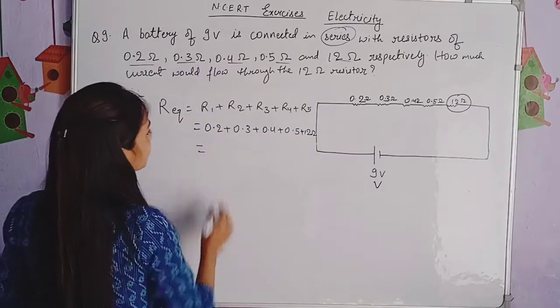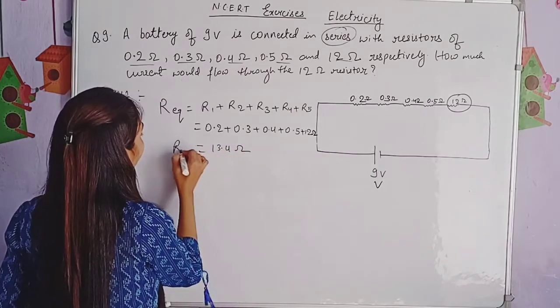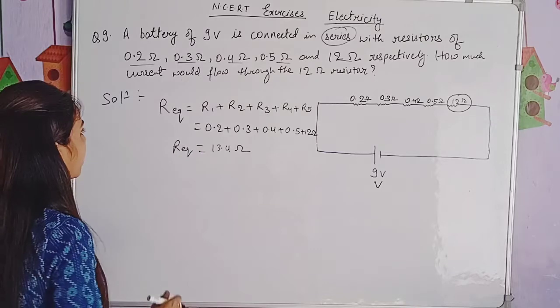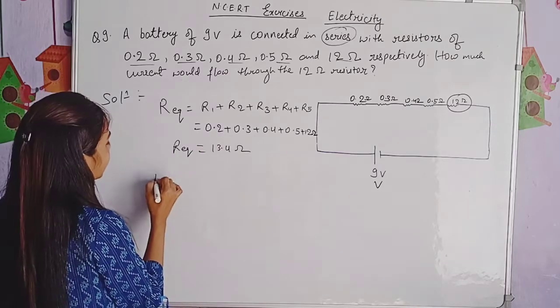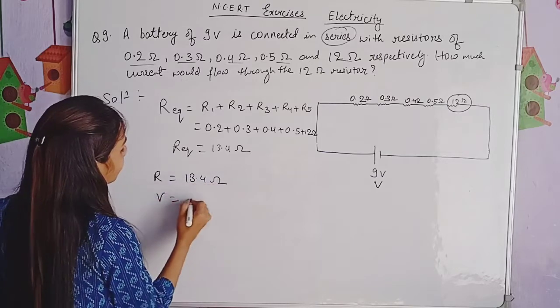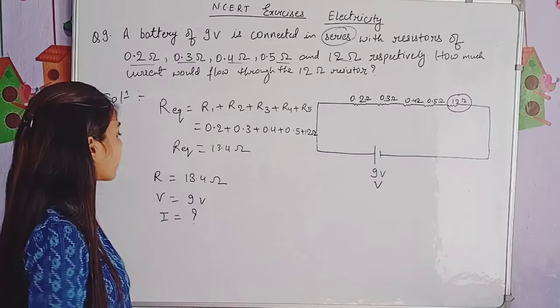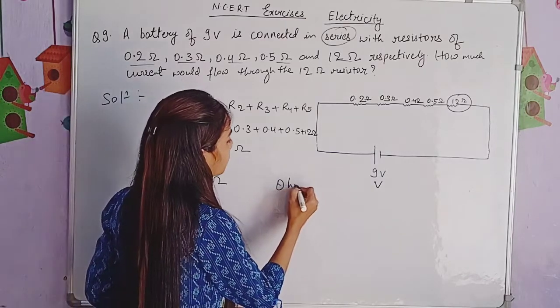Sum up, this will lead to 13.4 ohm. This is the R equivalent in series. Okay. Now we have resistance equal to 13.4. V is given 9 volt. Can we calculate I? Yes, we can do so from Ohm's law.